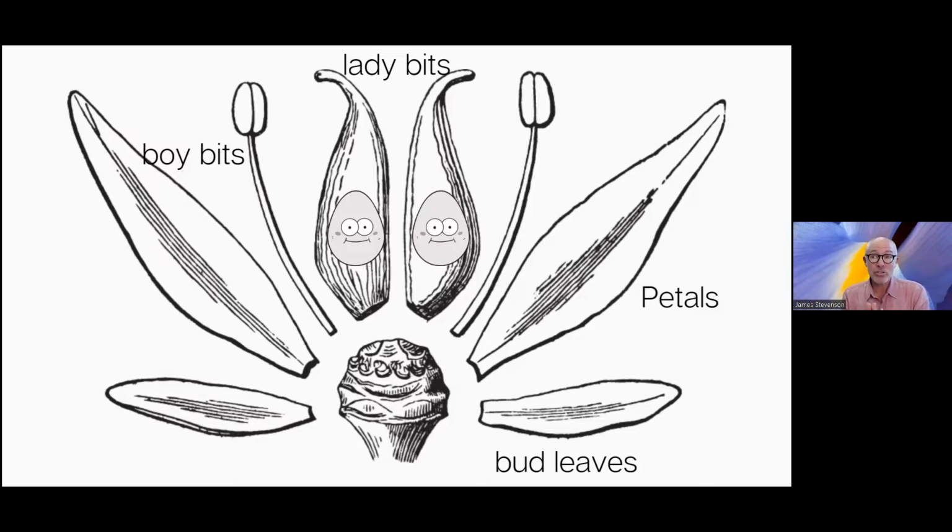Some flowers might be missing one or more parts, but the blueprint is the same. A flower can be reductionist, it can be missing petals, it can be missing the mystic middle and just producing pollen, but it's still based on the same blueprint.